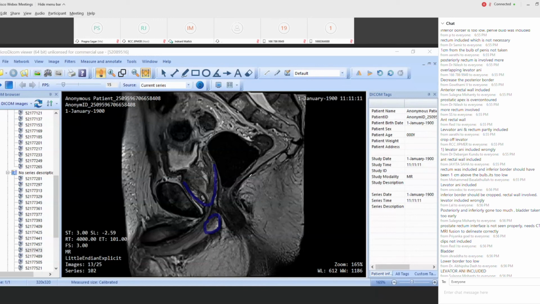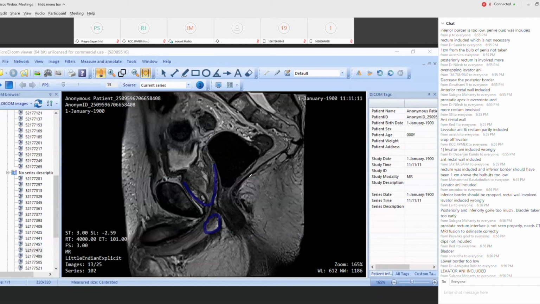Okay, so we don't do any plan of the day. What we do is daily cone beam CT or megavoltage CT, depending on which machine we are treating the patient in. And our goal is to match the prostate.